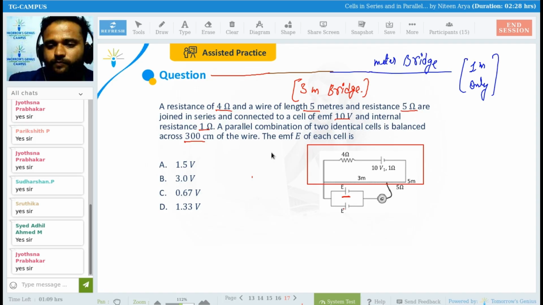Tell me. Try to solve this and tell me then.